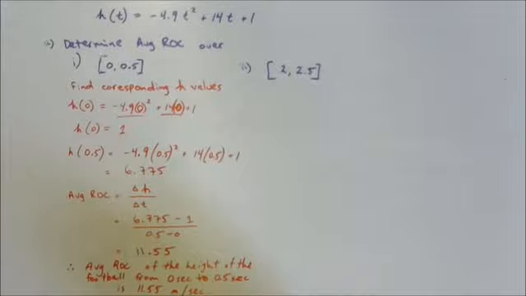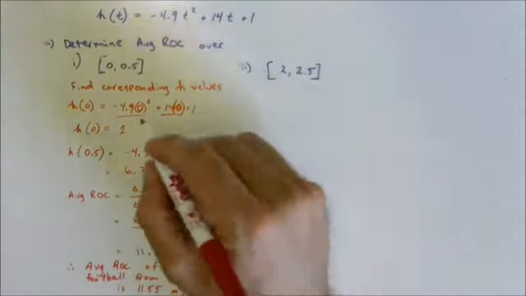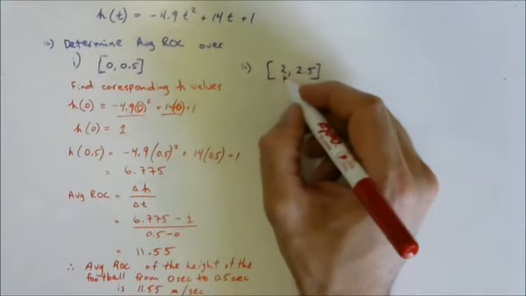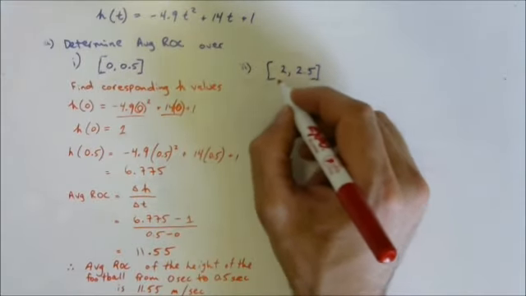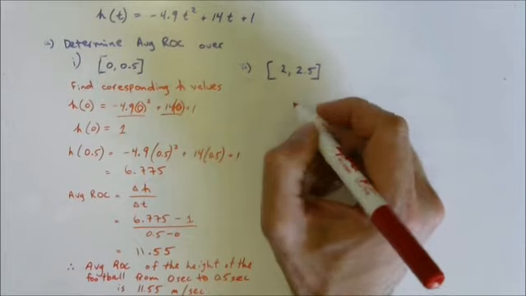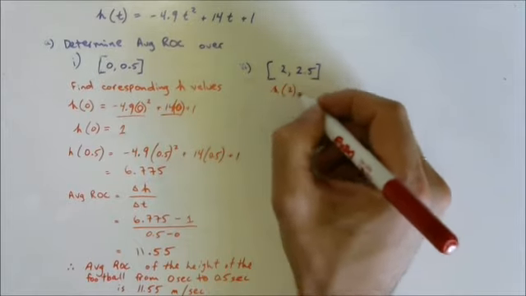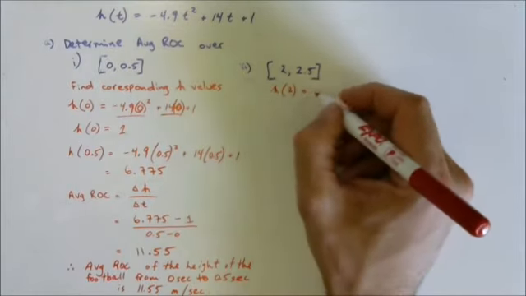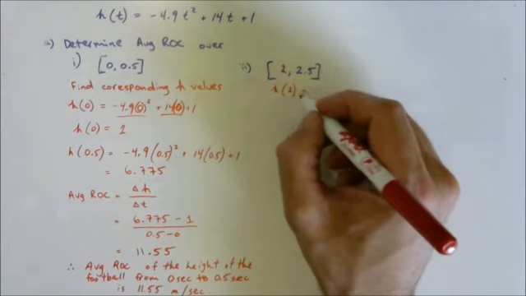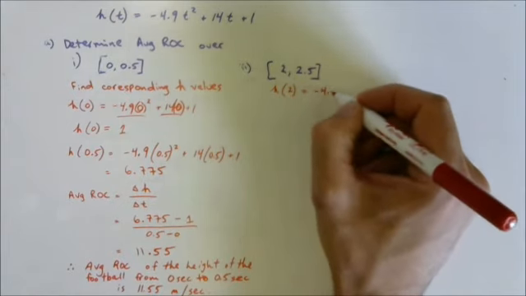We're going to do the same thing on the other side. I'm going to do it much more quickly. We're going to find the corresponding h values for our t values that are given at the beginning of the interval and the end of the interval. So here we go. h of 2, we're going to sub in 2 wherever we see a t.